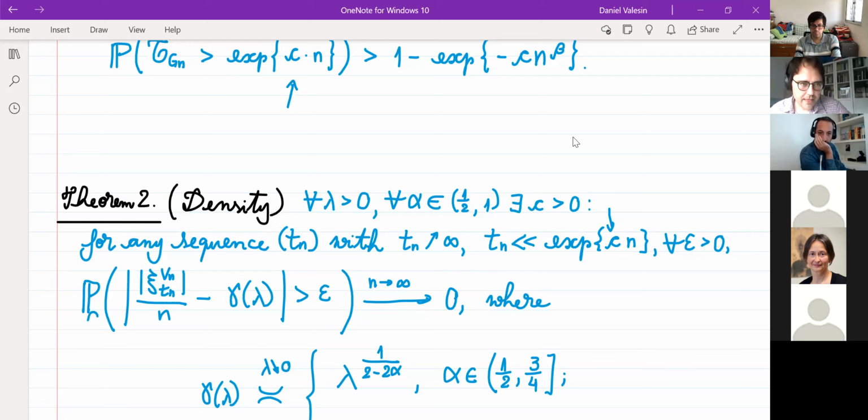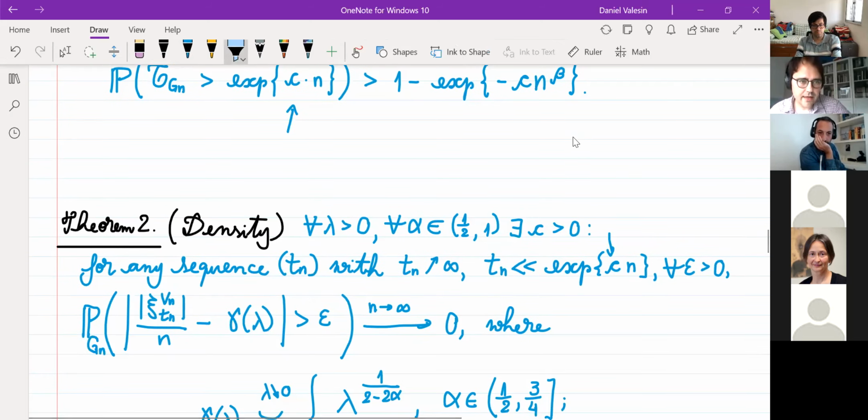This is a probability for the process on the graph. Then the quantity appearing here is the density of infection: the number of infected individuals in the graph Gn at this typical time Tn, divided by n.